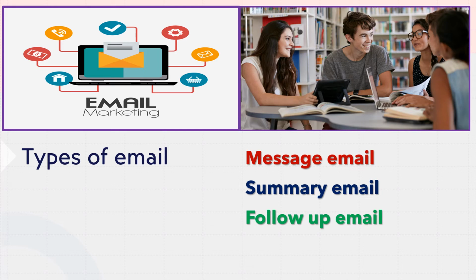Follow-up email, in case you are already dealing with something and you just need to follow up on that, you will write a follow-up email for the same. Request email. If you have to request somebody for something, then you are going to write an email. That email will be considered as a request email.